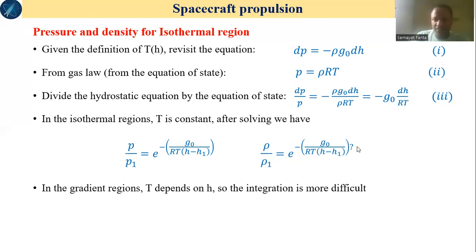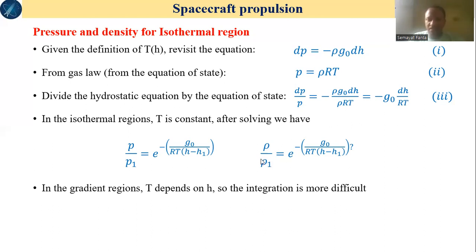Similarly for density, the equation is the same as for pressure. From this, you can write the pressure at some height equals the pressure at 11 kilometer times e to the power of this quantity. The density at some height above 11 kilometer equals the density at 11 kilometer times e to the power of this quantity.